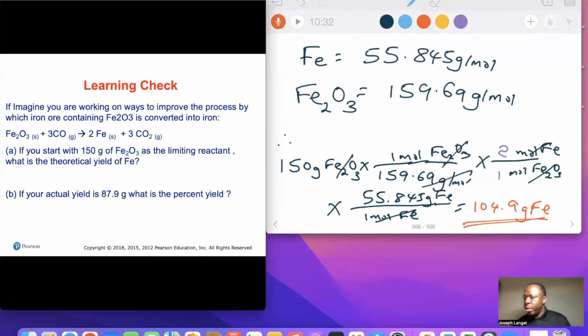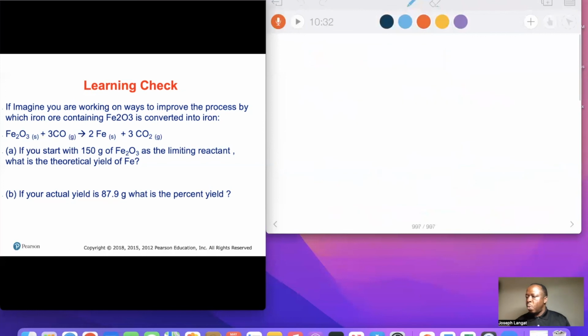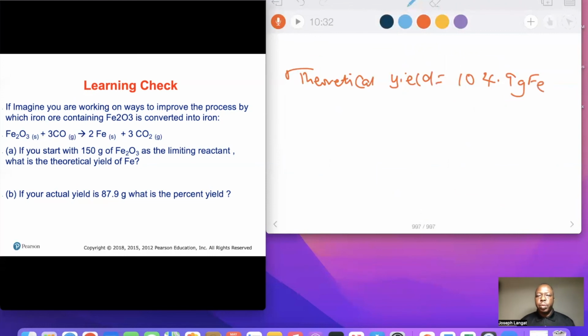This is called theoretical. Theoretical yield is 104.9 grams of iron. This is the theoretical yield from the limiting reagent.